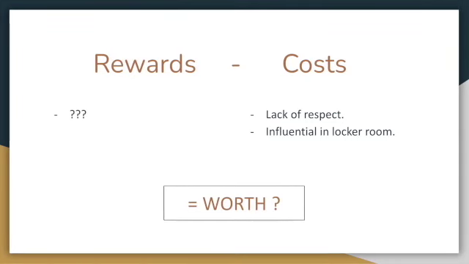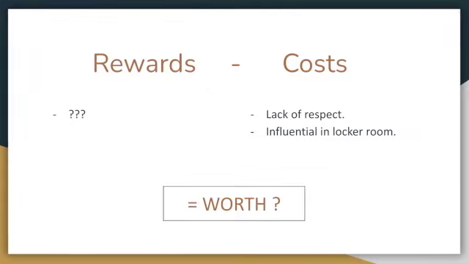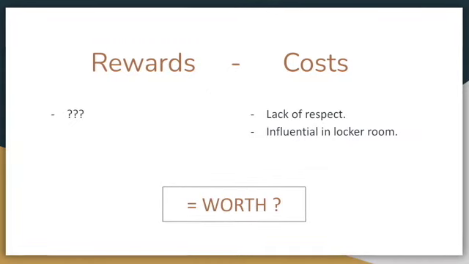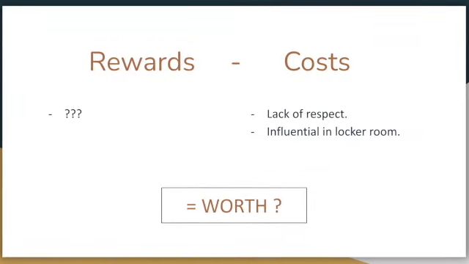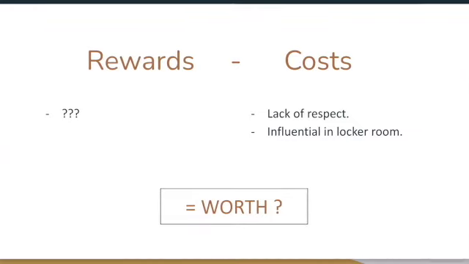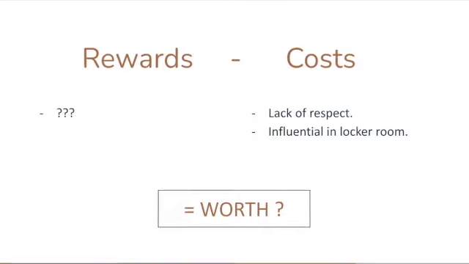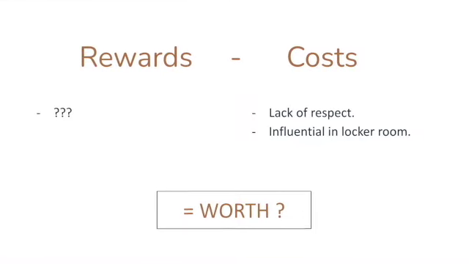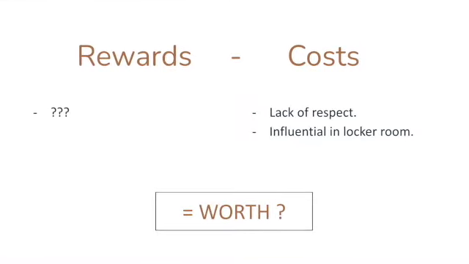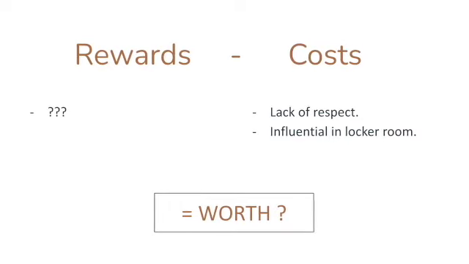So Aubameyang originally played well under the coach, but their relationship over the last 2 years has basically soured, especially over the last year. Aubameyang displayed less respect towards the coach, apart from the fact that he was scoring less, and the coach, Mikel Arteta, began to view him as a liability, as Aubameyang's influence could sway the locker room because he was a captain, and he was a good captain at that.